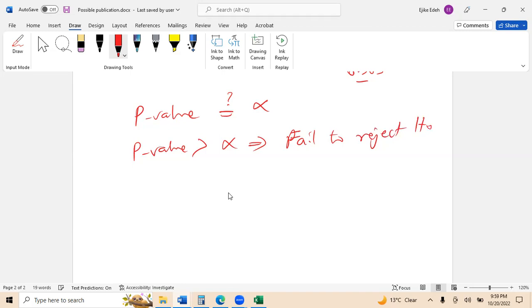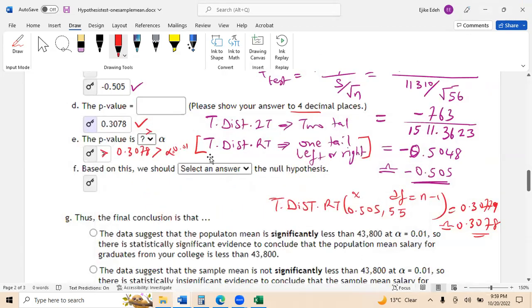If p-value is less than alpha, then you're going to reject the null hypothesis. We're going to repeat this again in class on Tuesday, but you can also watch the video for the first one to see more explanation about the shaded area that is called the p-value.